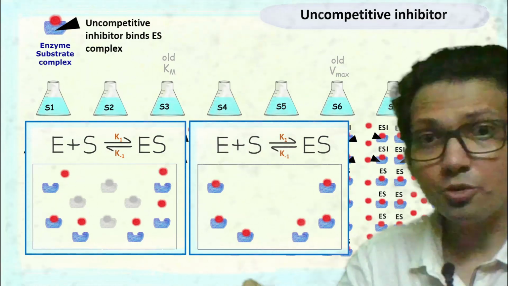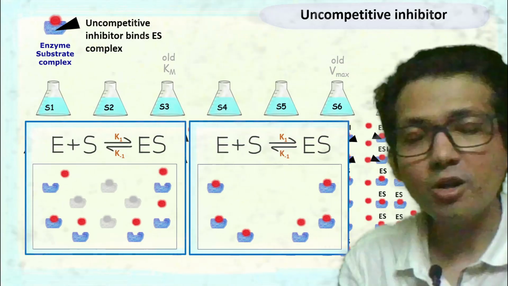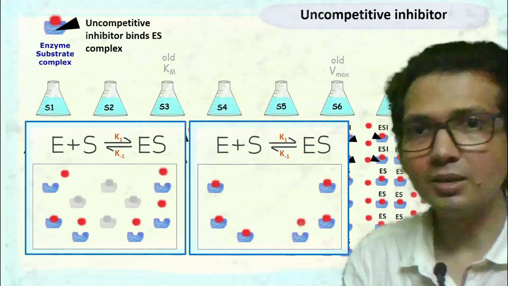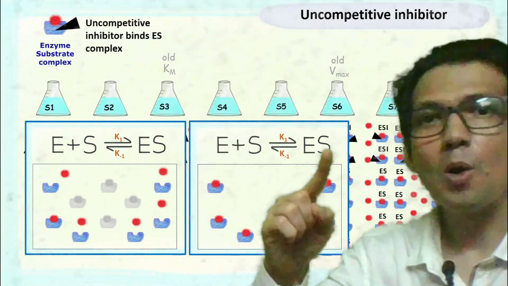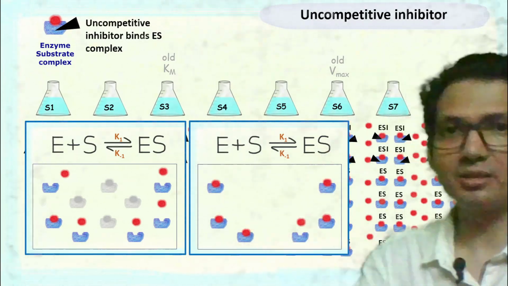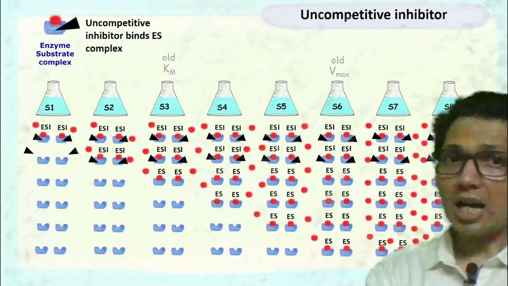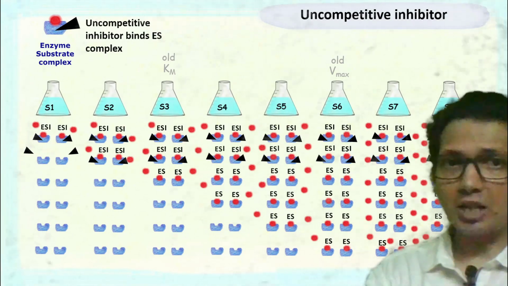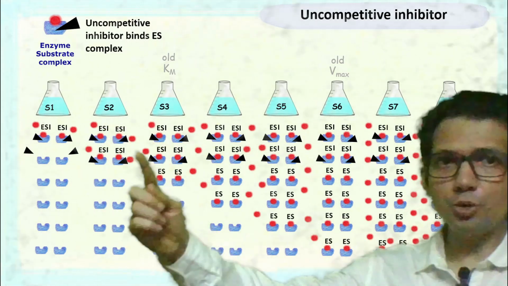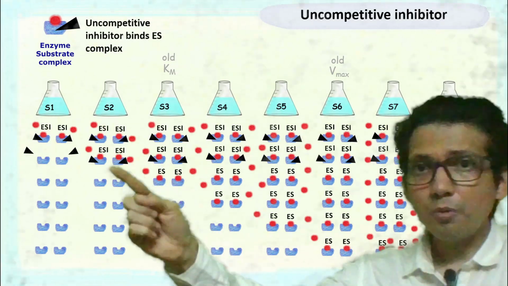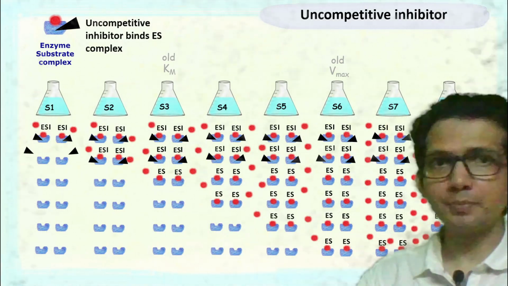So as the concentration of ES complex decreases, according to Le Chatelier's principle, the enzyme and substrate will react to form more ES. So as the reaction shifts in forward direction to regain the equilibrium, these free substrate molecules will react with the enzyme to form more ES.